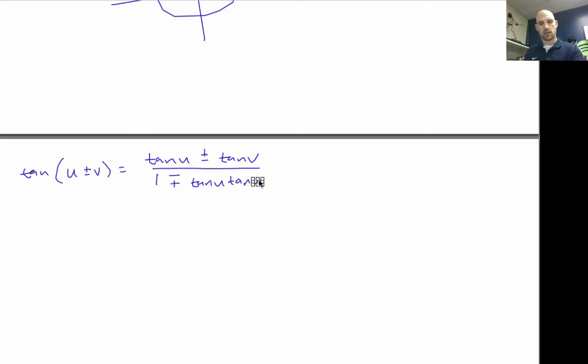That's v. And so it's going to work in much the same way as these other ones do. So I've got an angle addition formula or subtraction. The sign on top matches, the sign on bottom is opposite, and we've got to make sure we line up our angles where they need to go, u and v wise.